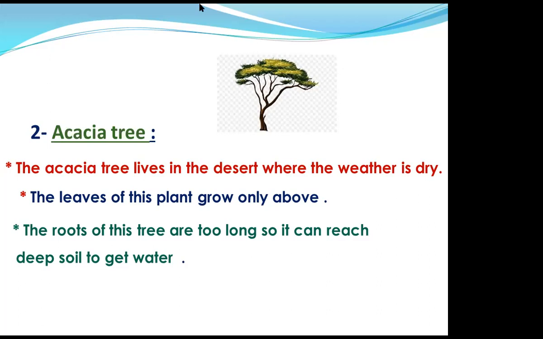Okay, I now want to listen to Anas. The acacia tree lives in the desert where the weather is dry. The leaves of the plant grow only above. The roots of the tree are too long.